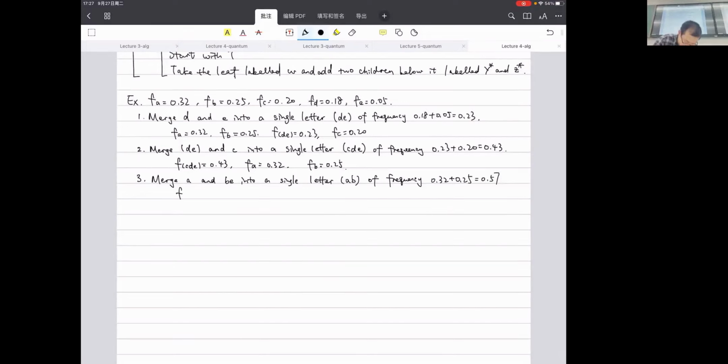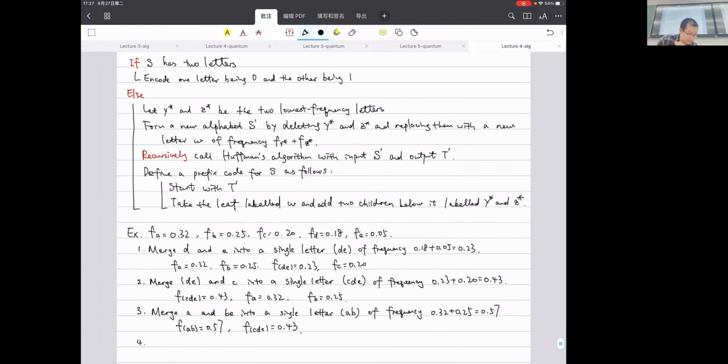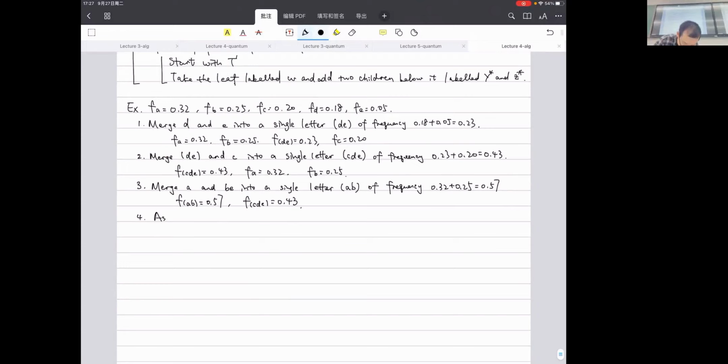So now we have F of AB equals 0.57 and also F of CDE equals 0.43. And finally, because we have discussed that if we have two letters, we can just feel free to assign AB to 1 and CDE to 0.